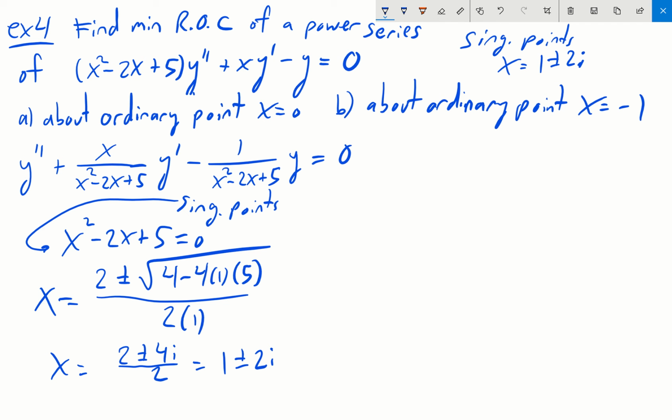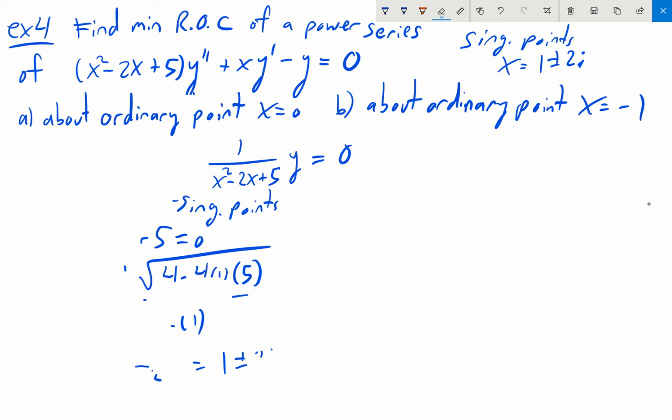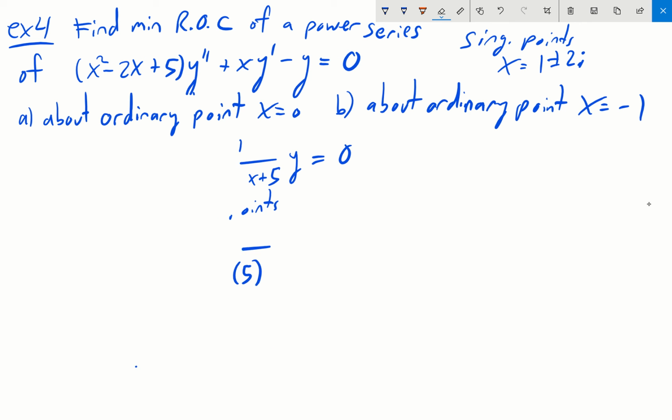Let's now go ahead and find the minimum radius of convergence of the power series. They said that it's at least the distance from our ordinary point to the complex numbers. Here we're kind of fortunate that we don't have to compute both distances.